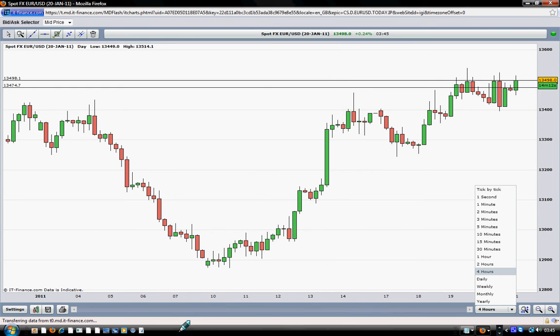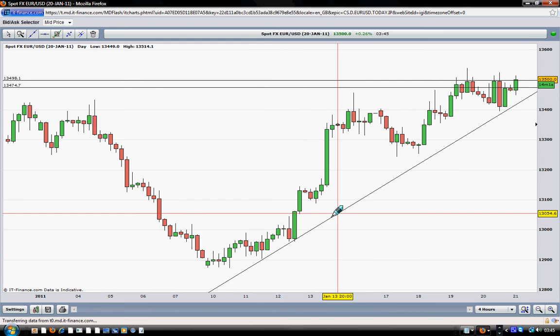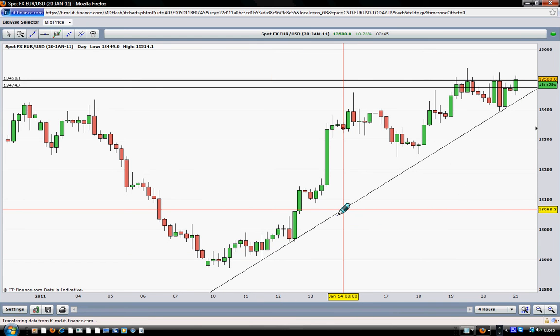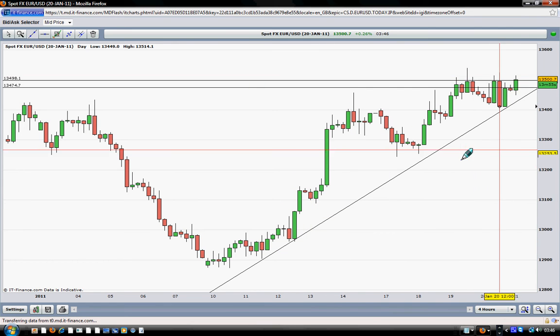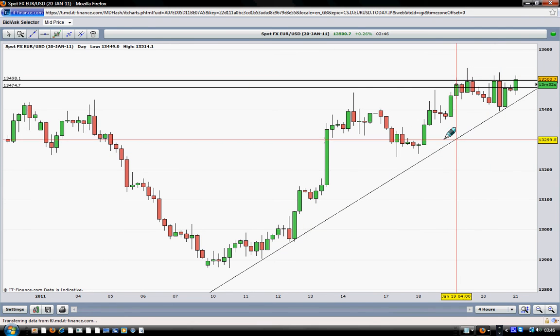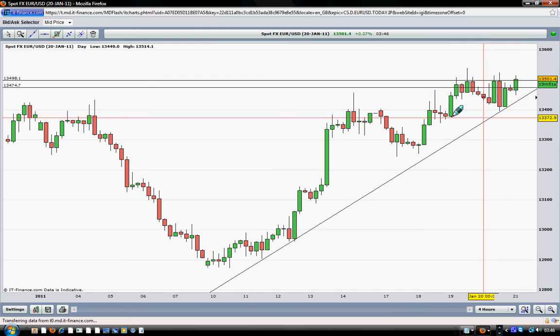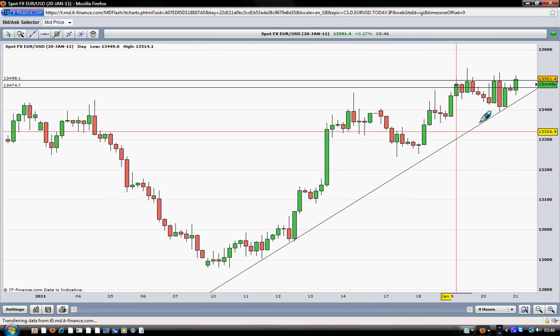This is very important because some traders find it difficult to understand that if the price is going up, they draw the trend line. Even some professional traders find that difficult. You draw the trend line, you see that the price is above the trend line.